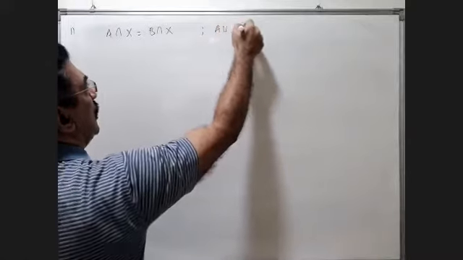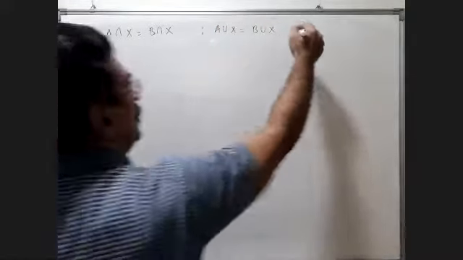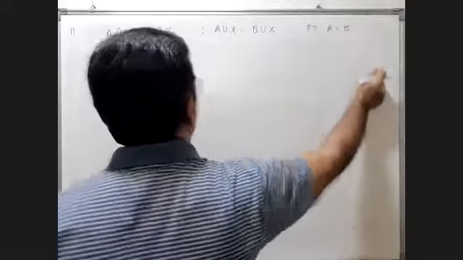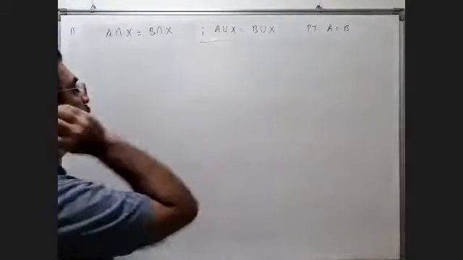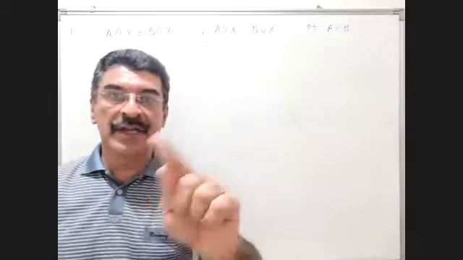A union X is equal to B union X. The question is to prove that A is equal to B. See that here also, to show that A is equal to B, it is exactly the same as that question we did in the last class yesterday.